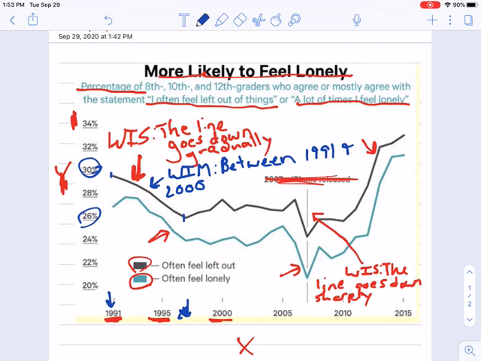So what does that mean? It means between 1991 and 2000, the percentage of students who said they often feel left out went from 30% to 26%. I'm going to make this messy, I'm sorry. This is why you need to give yourself lots of room when you're doing this.